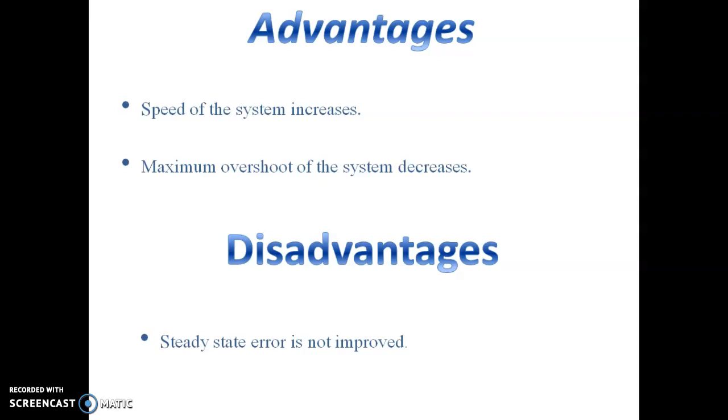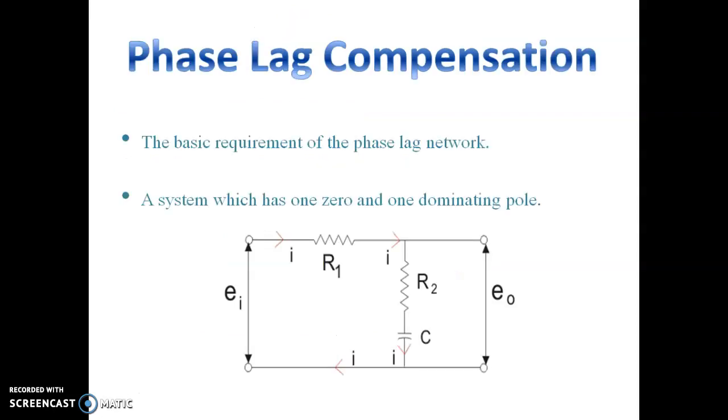Second point, due to the presence of phase lead compensation, maximum overshoot of the system decreases. This is one of the advantages. So disadvantages, one disadvantage is there, that is steady state error is not improved by this lead compensating network.